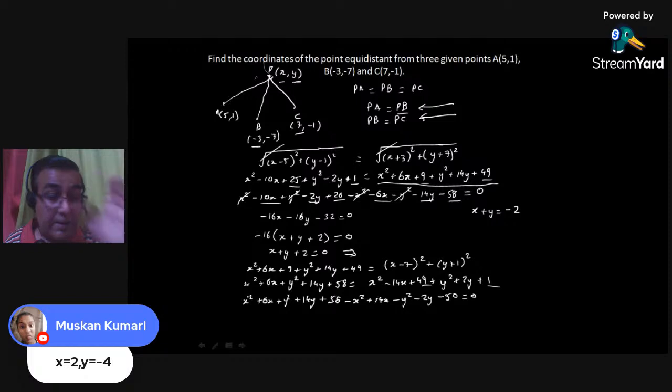So here x square is again getting cancelled, y square is also getting cancelled. We are left with, basically I think I should erase some part of it so that I get a little space to do.